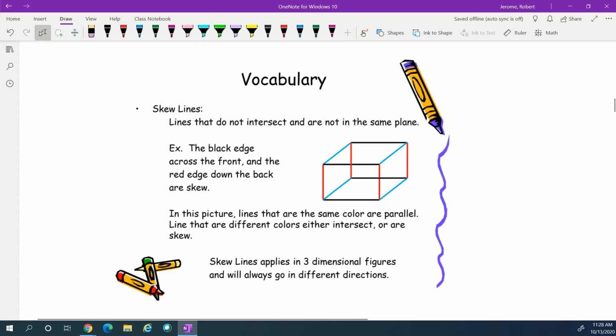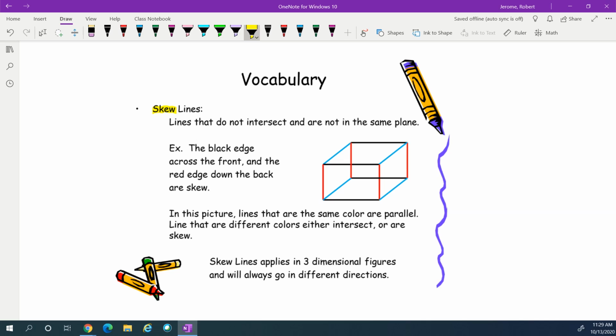And along with that, we have this term called skew. So skew lines only occur in three-dimensional figures. Skew lines are not parallel, so they're not going in the same direction, but they're also not intersecting because, again, three dimensions.